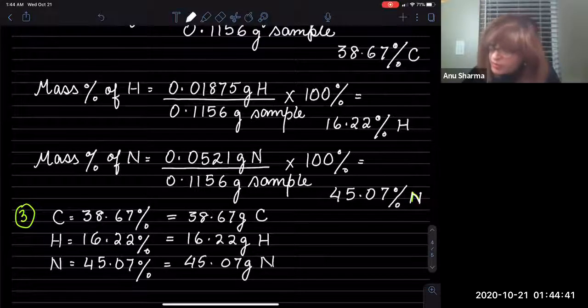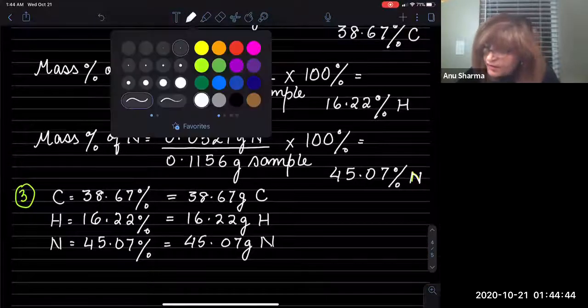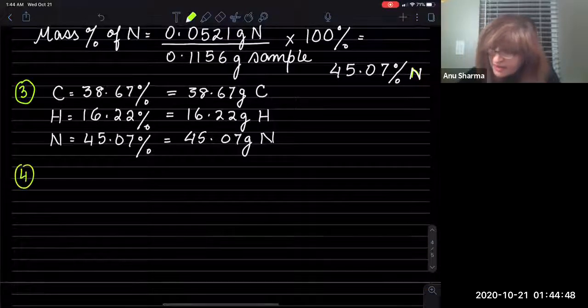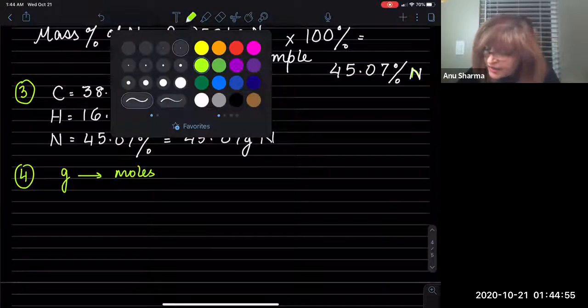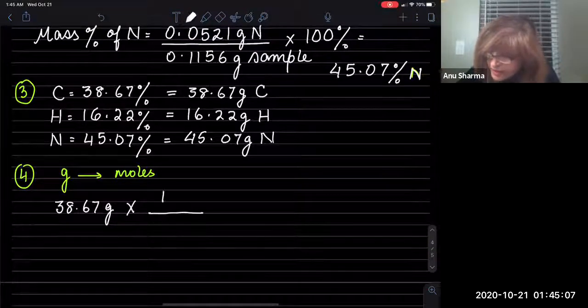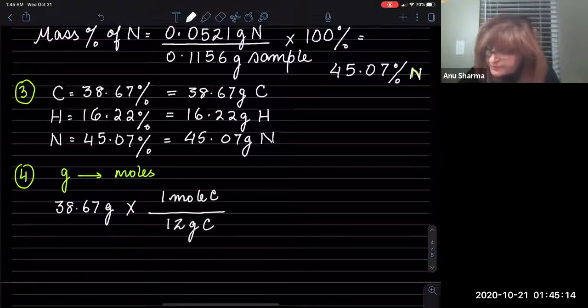Now we have these grams. Now we are going to find the moles. So next we convert the grams of each of these to moles. Now we are going to look at carbon. 38.67 grams times its moles. We know that 1 mole of carbon from the periodic table is 12 grams of carbon.